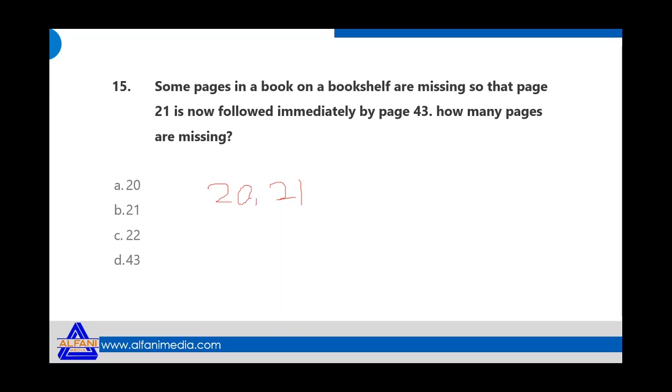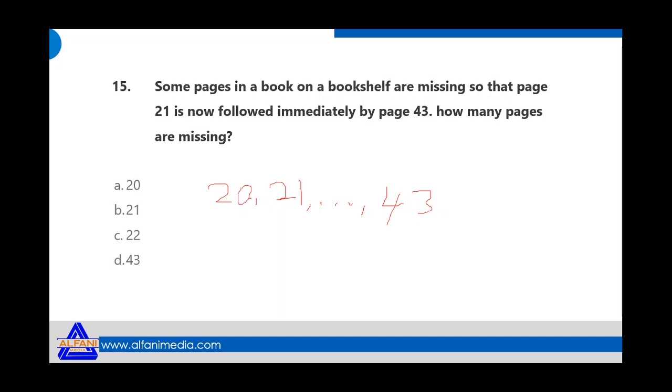Page 21 is supposed to continue, but just after page 21 we have page 43. So how many pages are in between page 21 and page 43? You have to count the pages between that.